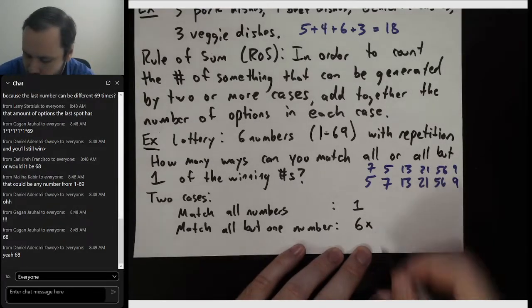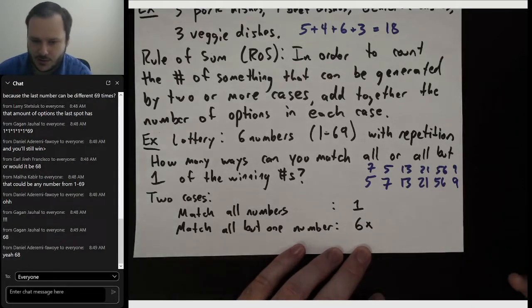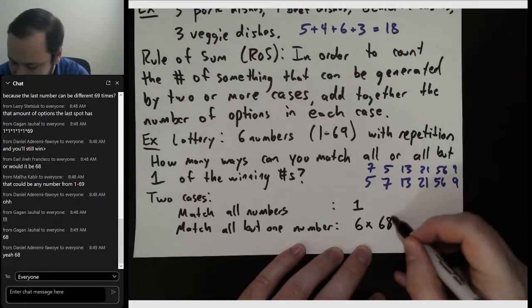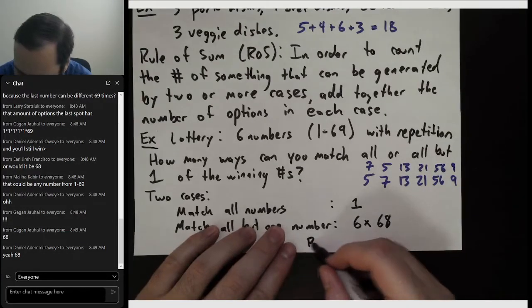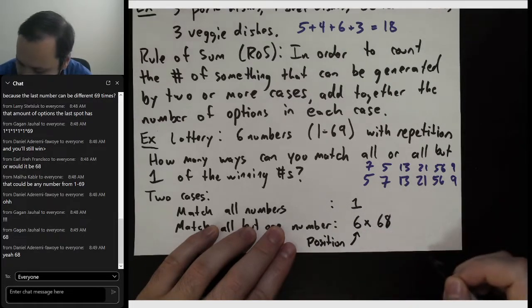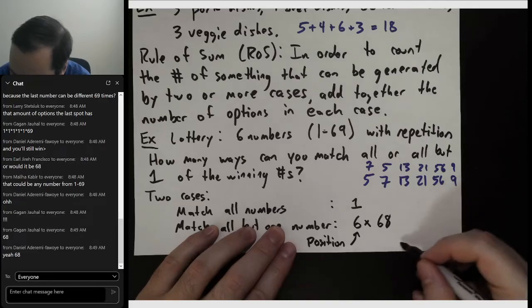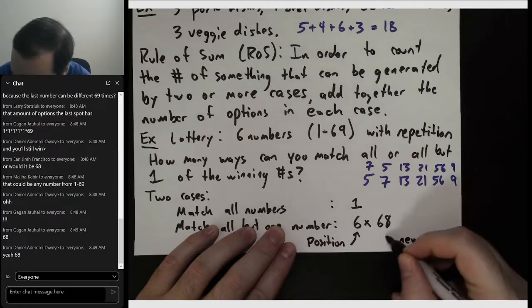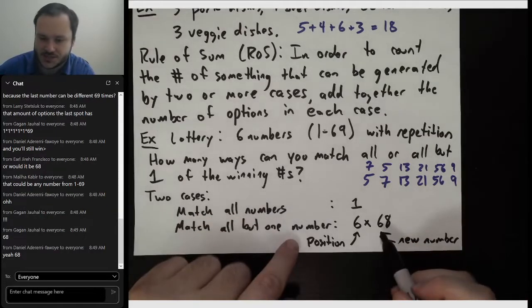Step 2, pick a new number. It's got to be a new number, so we only have 68 options. So 6 options for your position, 68 options for your new number. Distinctly new, so 68, not 69.